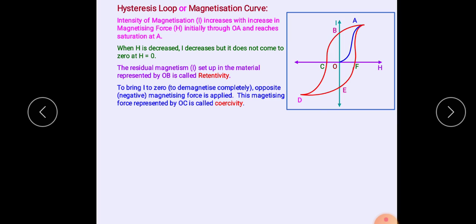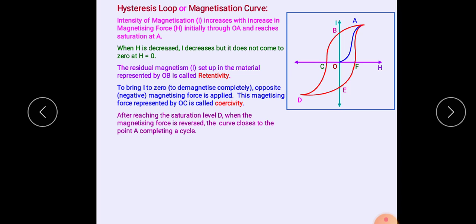To bring I to 0, that is to demagnetize completely, an opposite or negative magnetizing force is applied. This magnetizing force, in fact the magnetizing field represented by OC, is called coercivity. After reaching the saturation level D, when the magnetizing force is reversed, the curve closes to the point A, completing a cycle.